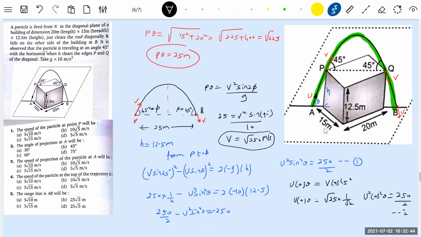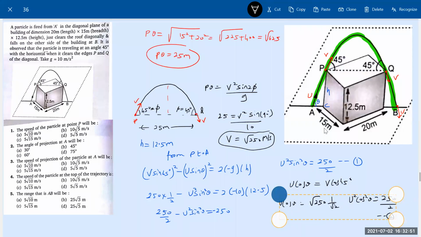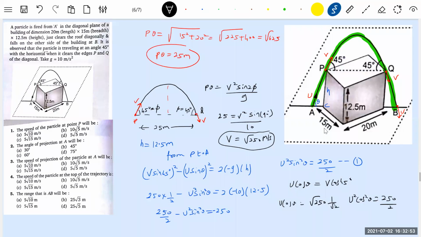This is equation 2. Squaring and adding.